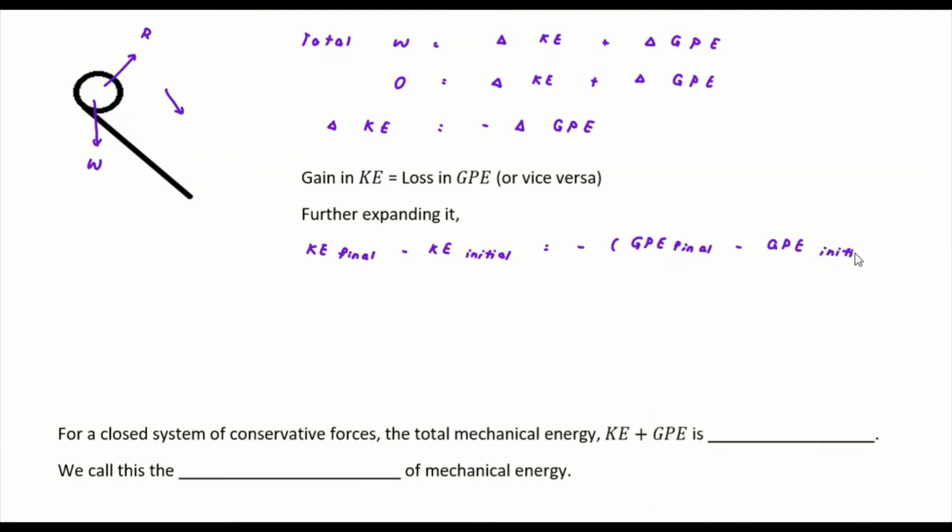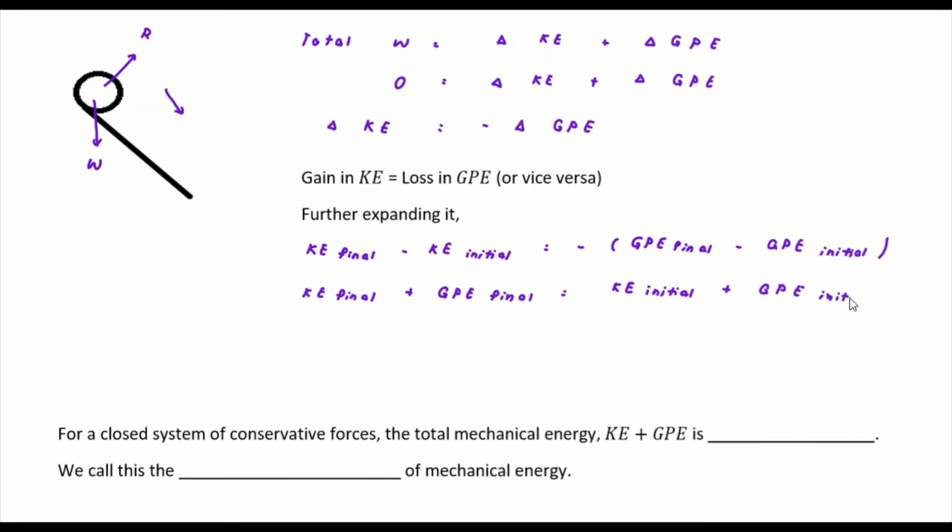So when we rearrange this equation and expand this, what you realize here is that KE final plus GPE final is going to be equal to your KE initial plus GPE initial. I hope that you can see that. So this is negative, right? When you move it to the front, it becomes plus. And this is negative; when you move it to the back, it becomes plus. Then negative, negative gives you a plus here.